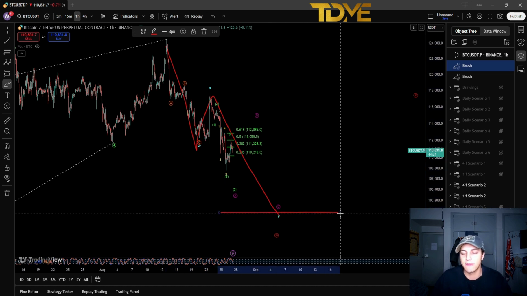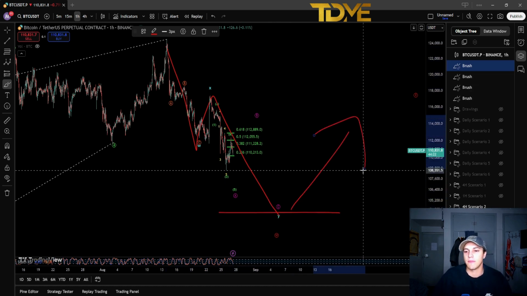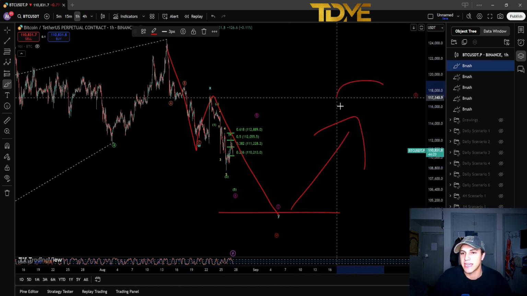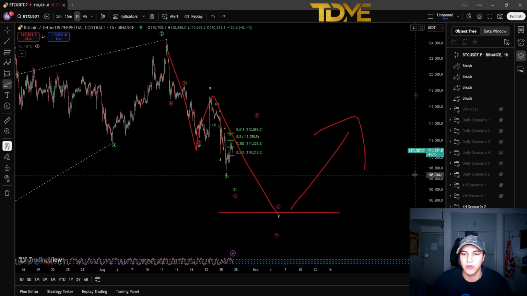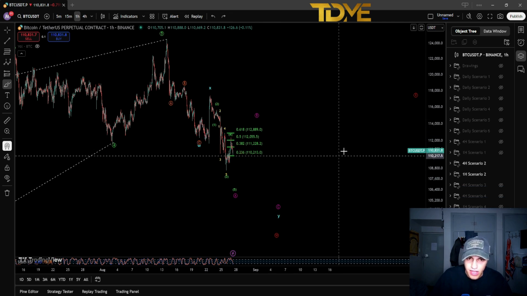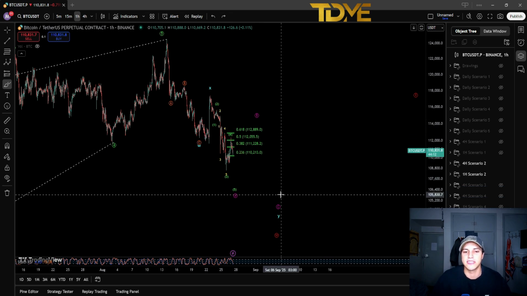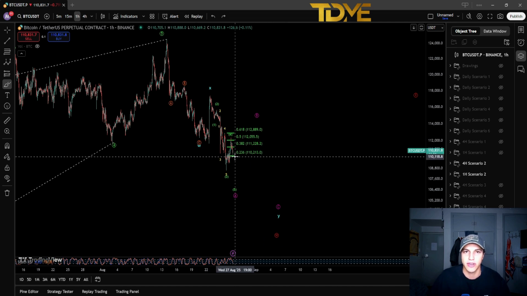So we could be finishing here, we could be going higher from that area, or we could be making another correction followed by another move towards the downside. I believe it will be another move towards the downside after this whole correction.